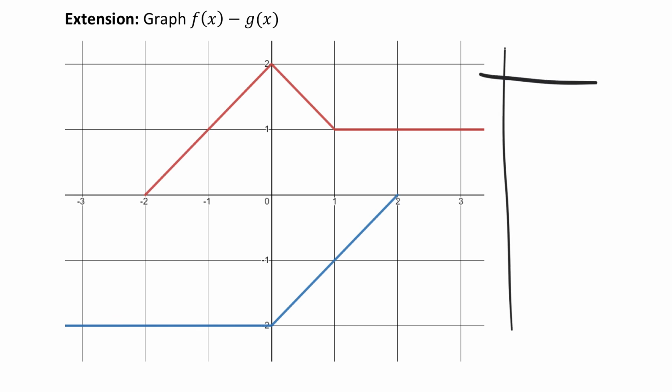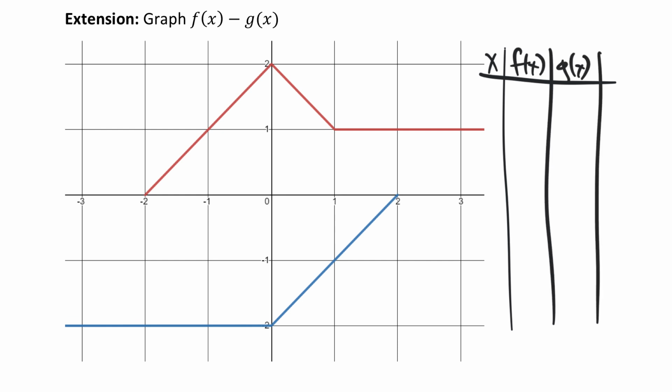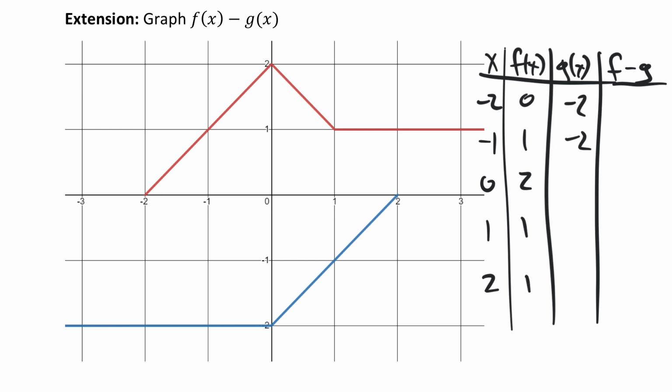All right, so assuming you gave that a try, we have f, we have g, and we have f minus g. So I'm just going to skip off the negative 3 and go right to negative 2, negative 1, 0, 1, and 2. f(x) is going to be 0, 1, 2, 1, 1. g(x) is negative 2, negative 2, negative 2, negative 1, 0.